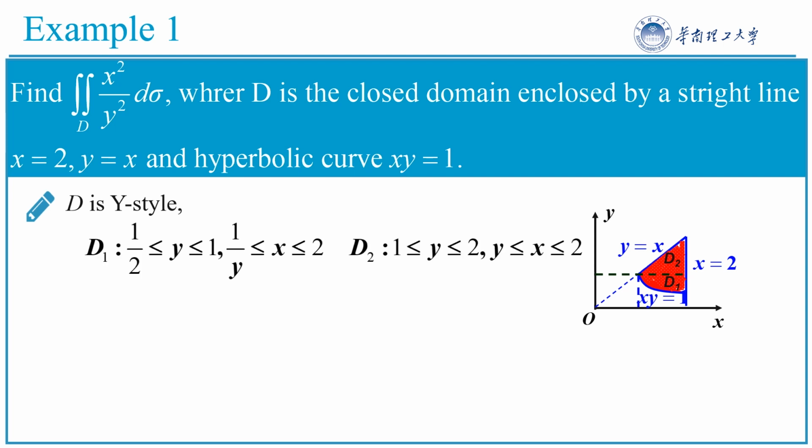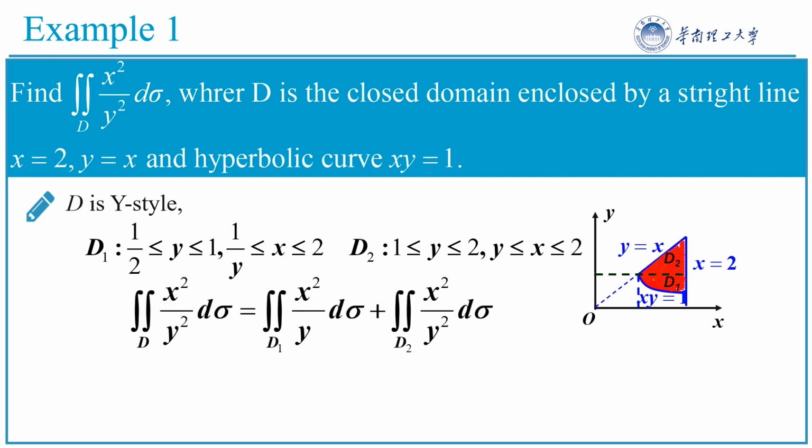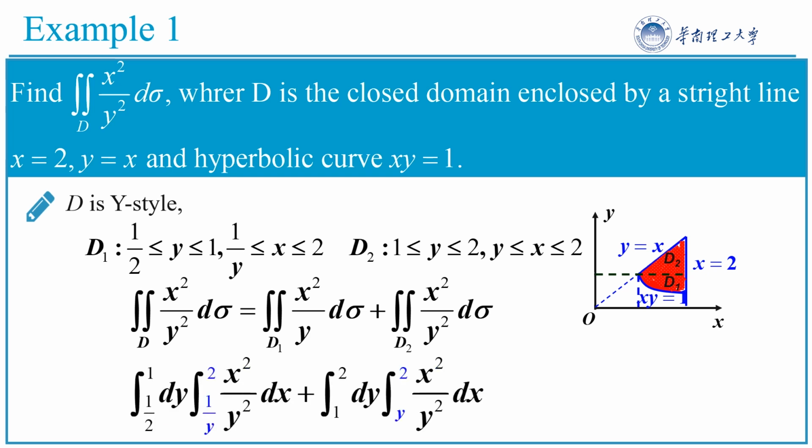The double integral on D is equal to the sum of the double integral on D1 and the double integral on D2. As for D1, y is from 1/2 to 1, and x is from 1/y to 2. As for D2, y is from 1 to 2, and x is from y to 2.